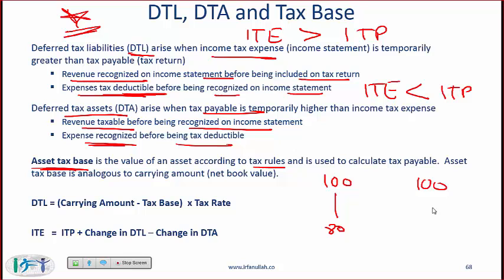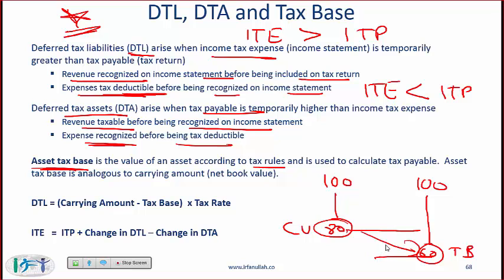On the tax side, if you start with 100 and through accelerated depreciation you depreciate 40, then the tax base comes down to 60. Notice it's the difference between the carrying value on the financial statement and the tax base on the tax documents. It's that difference which creates deferred tax assets and liabilities.